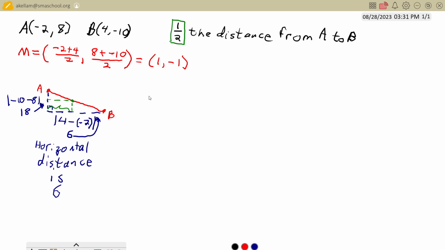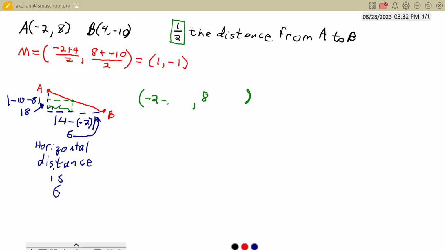So now we can start writing our point. Since we are going from A to B, that means we start at A. So my starting x is -2. My starting y is 8. Now, to get from -2 to 4, I increase.